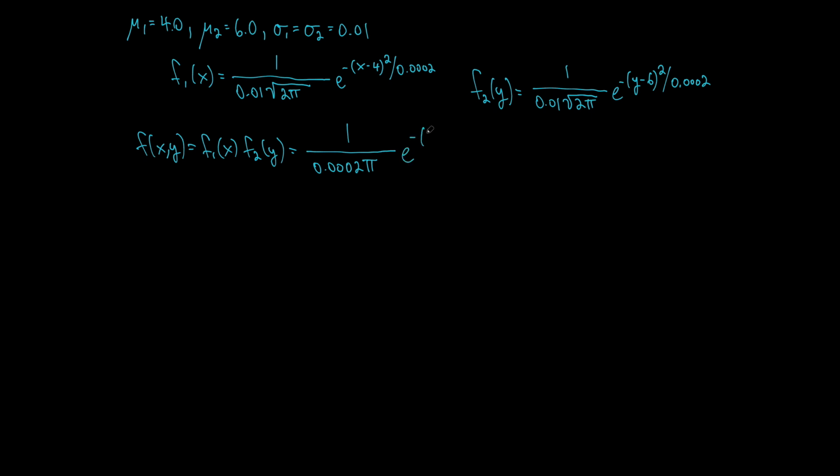And then e to the minus x minus 4 squared over 0.0002 times e to the minus y minus 6 squared over 0.0002. And that's just 5,000 over pi times e to the minus 5,000 times x minus 4 squared plus y minus 6 squared. Just multiplying e, we just add the exponents.